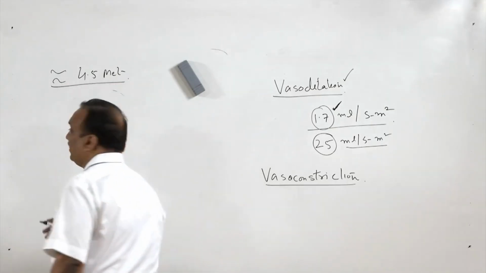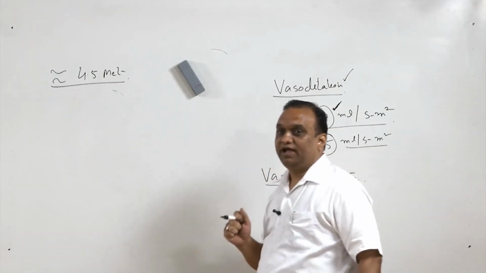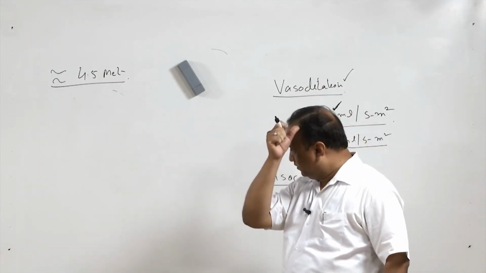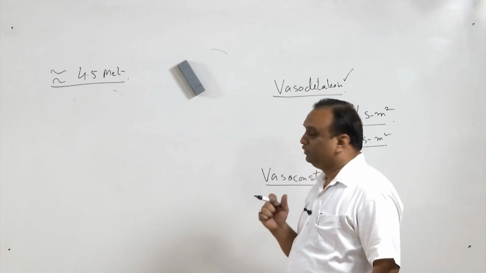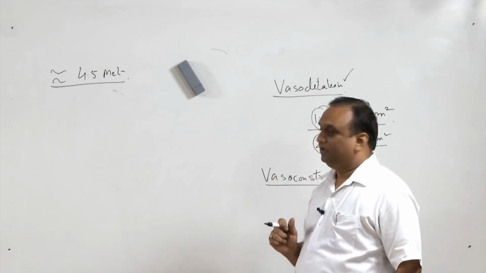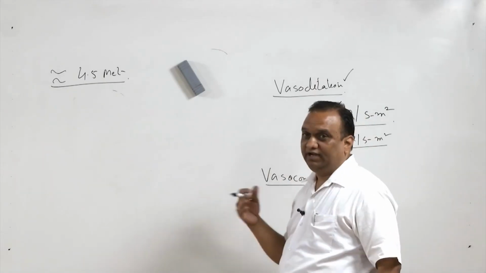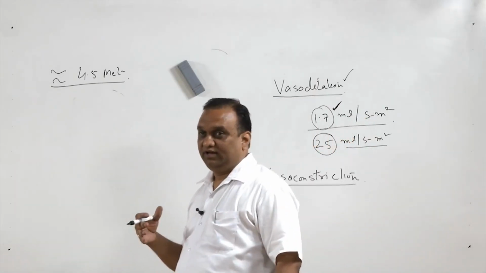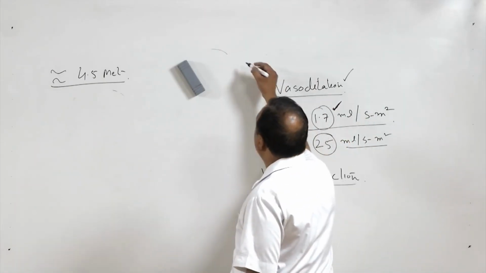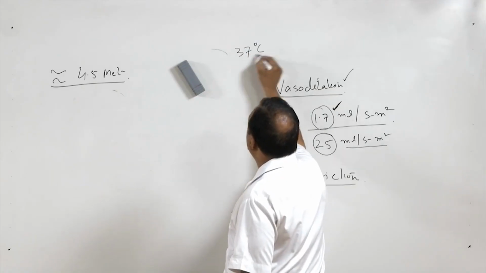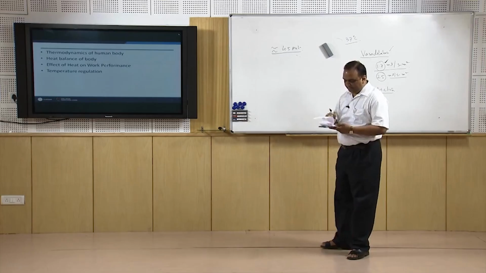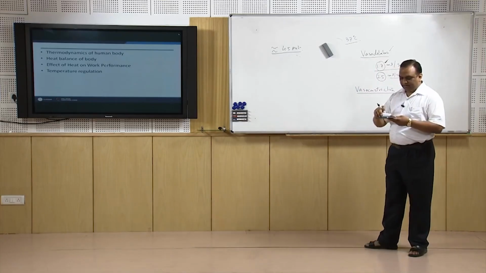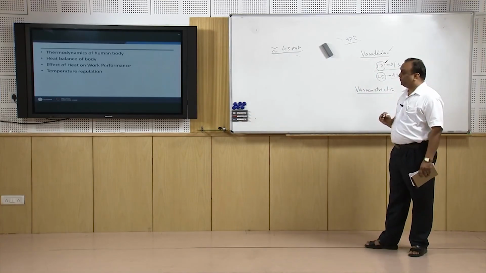Up to 4.5 met energy can be liberated just through the tension of the muscles in the body. So this is how internal heat of the body is liberated just to maintain the body temperature of 37 degrees centigrade. This is an inbuilt mechanism in the body which helps in maintaining the body temperature.